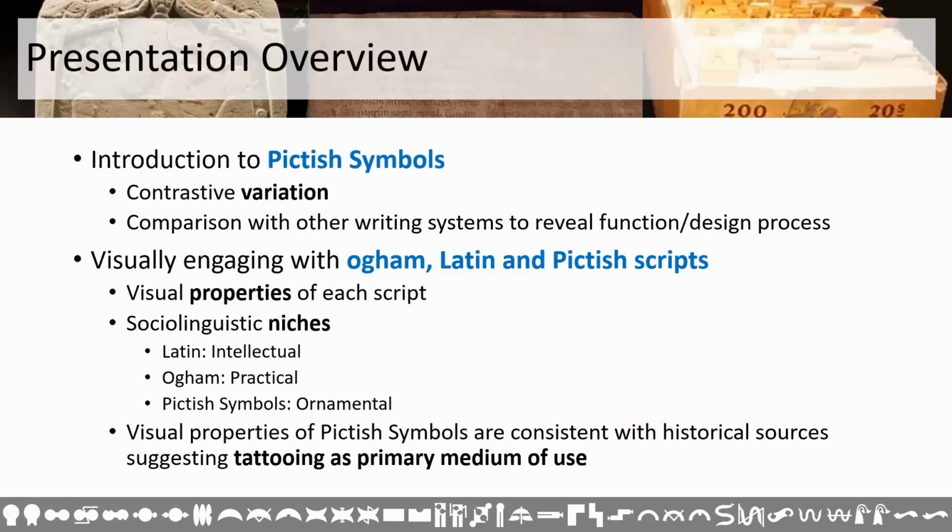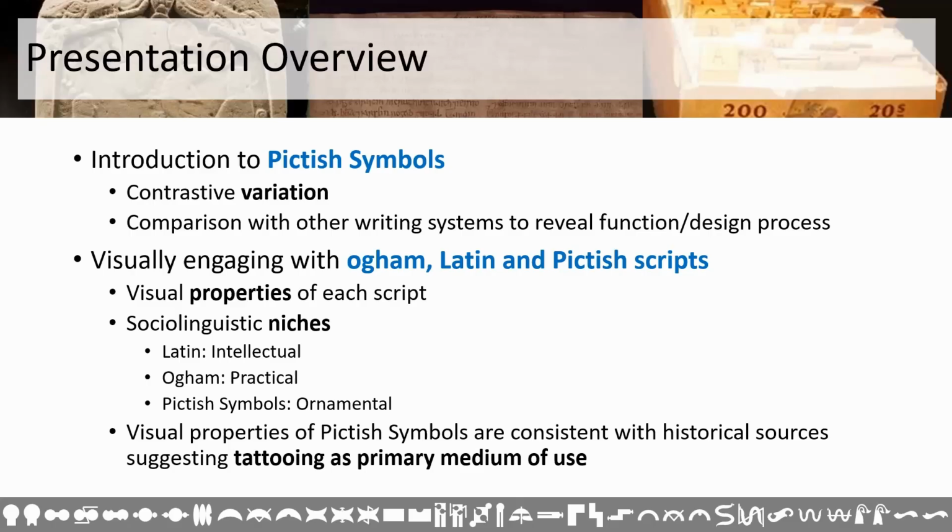So essentially, this is what we've seen today. I've introduced Pictish symbols. I've surveyed what I imagine is the contrastive variation in the symbol system. I've compared with other writing systems to reveal a potential way that they functioned graphematically, as well as the grammatogenic scenario, so how the writing system was built with the same instructions as Ogham.